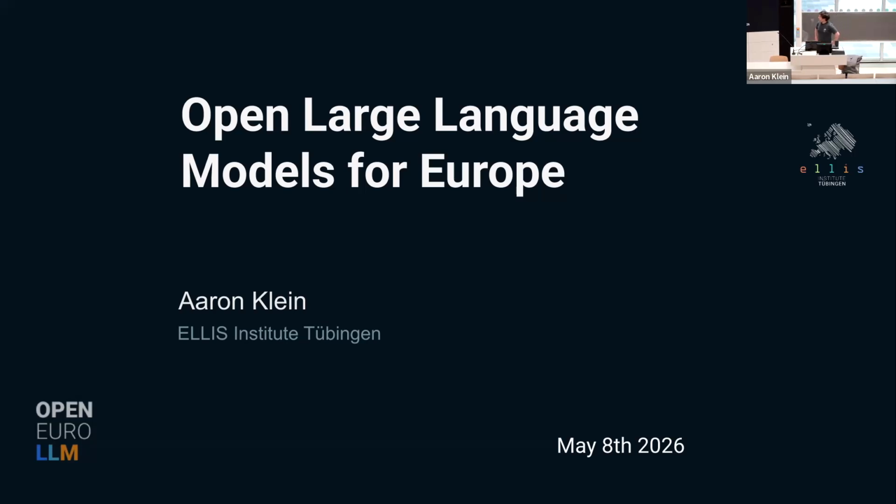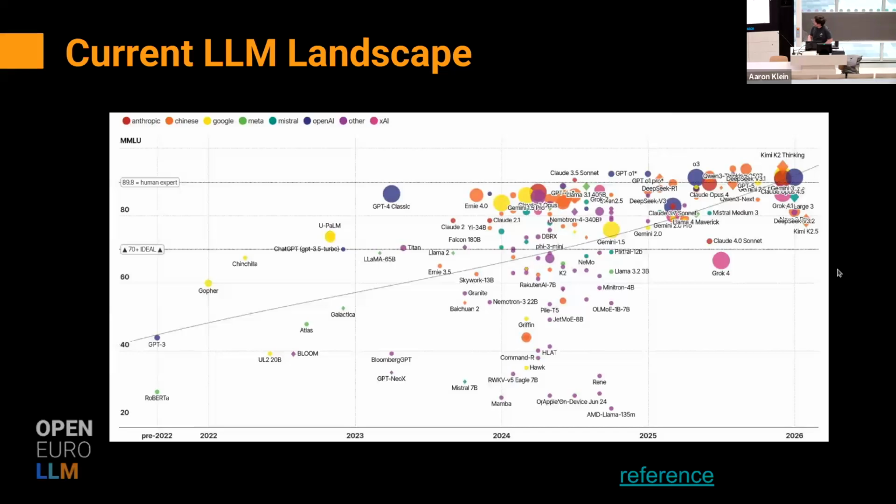So I'm going to talk about OpenEuroLLM today, which is a European initiative to train a family of large language models for European languages. If you look at the current landscape of large language models, you will see it's mostly dominated by models from China or the US. Most notably here, there are the frontier models, and the only maybe exception here is Mistral.